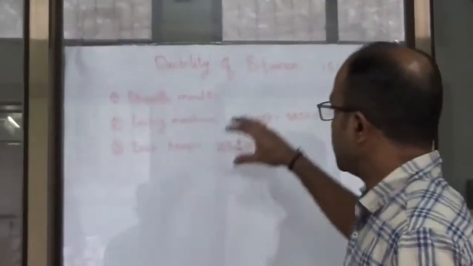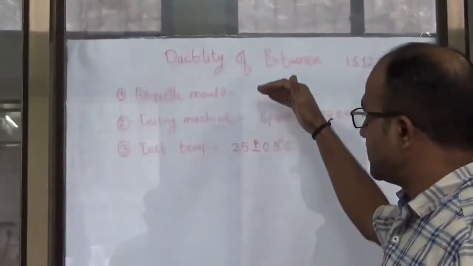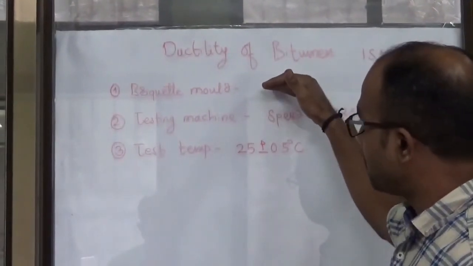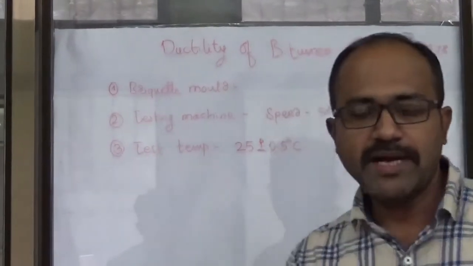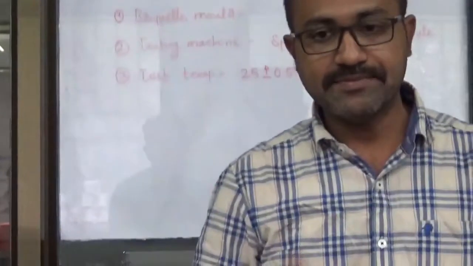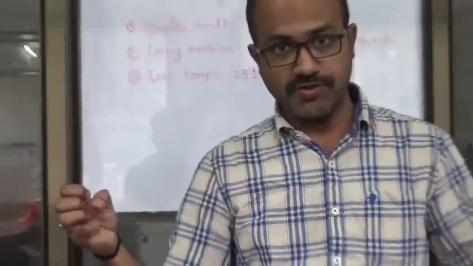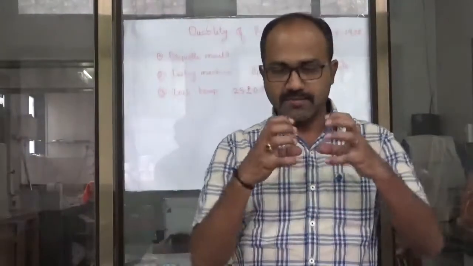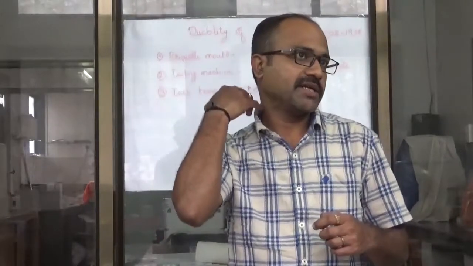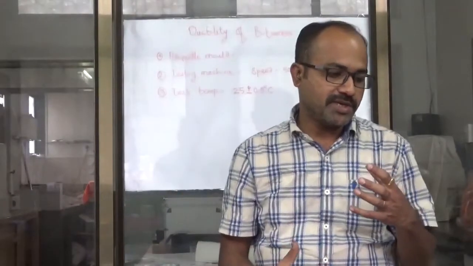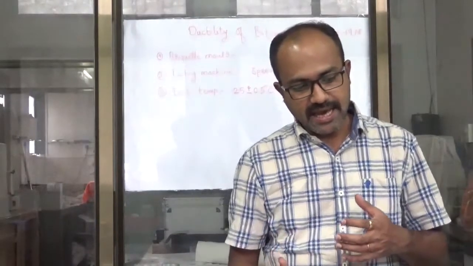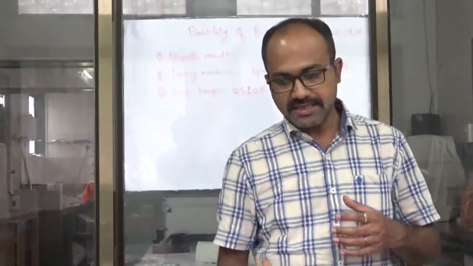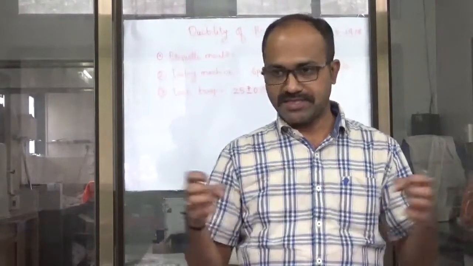The apparatus required for this test method is, one, a briquette mold, and second, a testing machine. By definition, ductility means the ability to draw into wires. But in the case of bitumen, we measure ductility in terms of a distance.